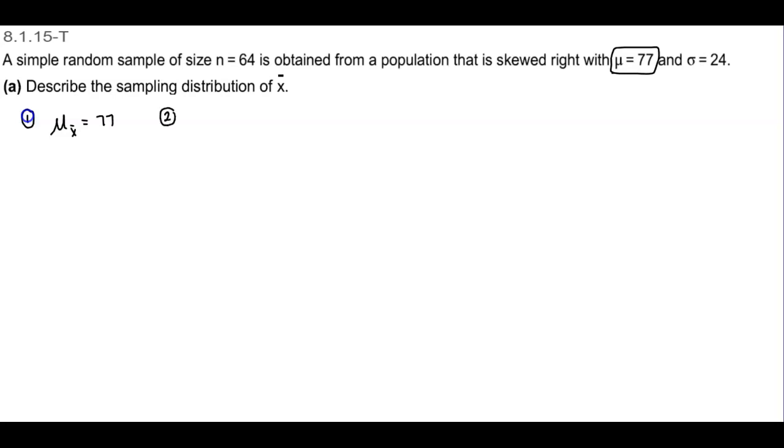Step 2, we want to find the standard deviation of the sample means, which is equal to the population standard deviation divided by the square root of the sample size. The sample size is 64 and the population standard deviation is 24, so we take 24 divided by the square root of 64.